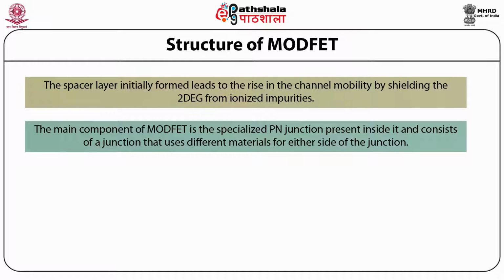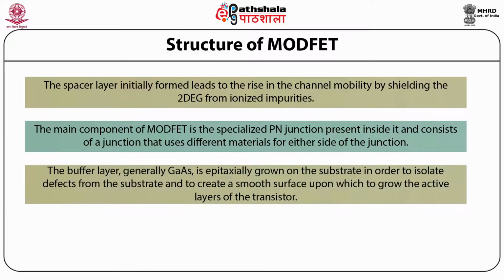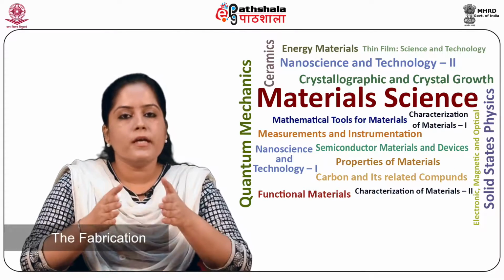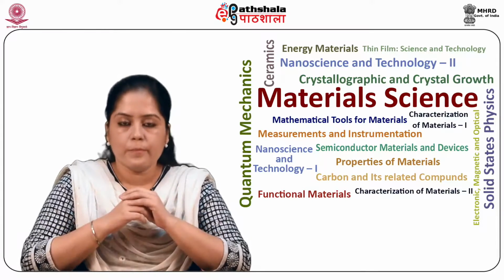So from this figure, the buffer layer, which is generally gallium arsenide, is epitaxially grown on the substrate in order to isolate the defects from the substrate and to create a smooth surface upon which to grow the active layers of the transistor.